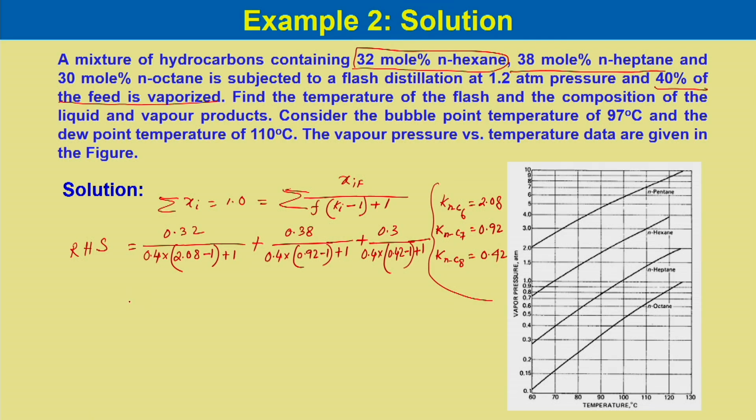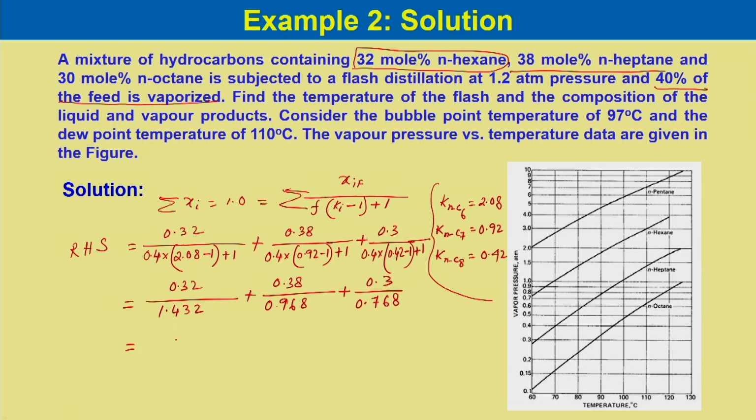So, this would be equal to 0.32 divided by 1.432 plus 0.38 divided by 0.968 plus 0.3 divided by 0.768.